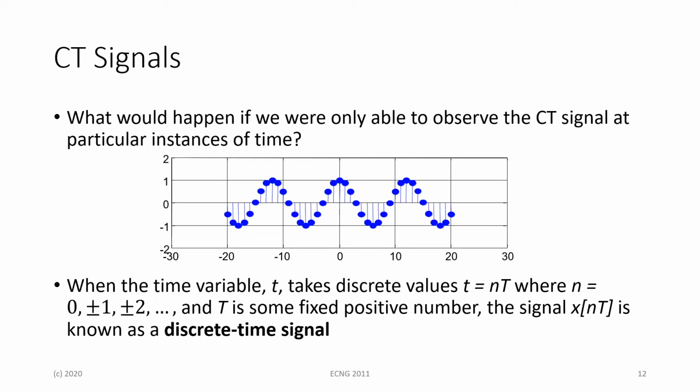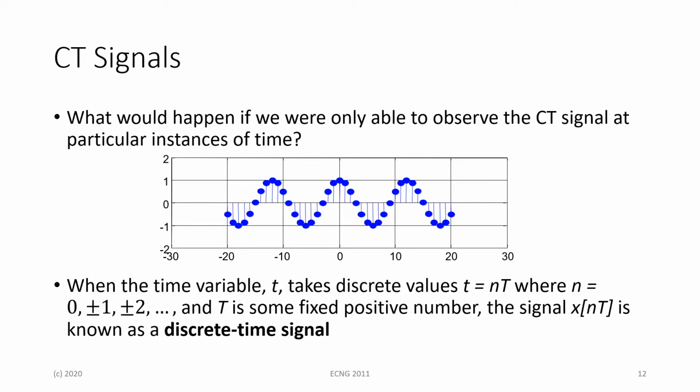So what happens if we only observe the continuous time signals at particular instances of time, where these instances are evenly spaced? In observing instances of the continuous time signal with a particular time interval, which we also refer to as our sampling time, this is actually the process for transforming a continuous time signal into a discretized time signal.